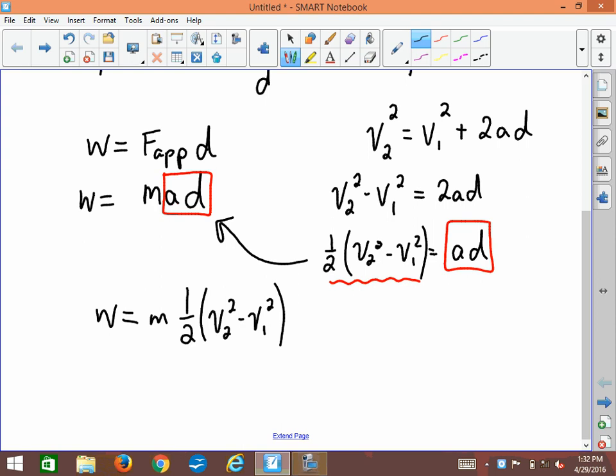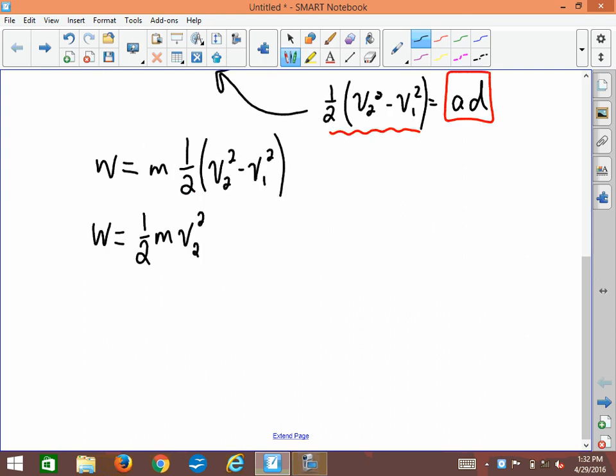So that really becomes, I'll put the half out in front, and then the m, and then v2 squared. But v2 is really just the speed that the car would be going. So we don't need to call it v2 anymore, and we don't need to call it work. We could call it kinetic energy, because work and energy are the same thing. And it would be 1/2 mv squared.